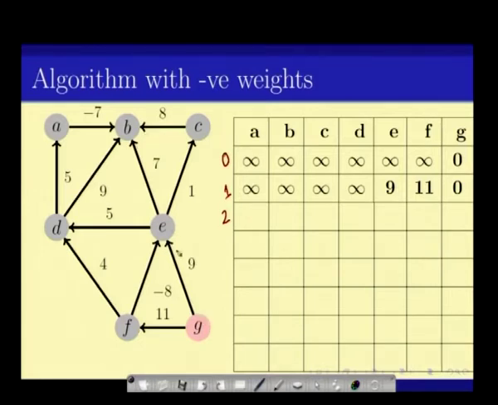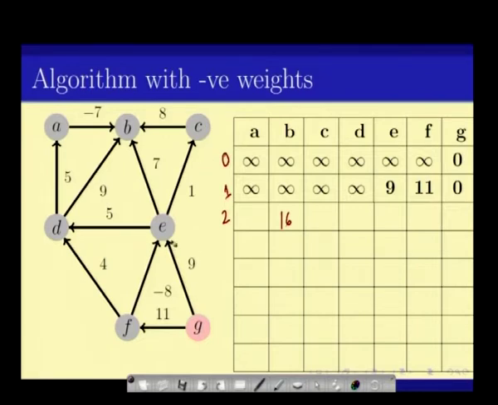But G to E I can go with a length 9, and from E to B I can go with a length 7. So, this will say that now I have a path of length 16 from G to B, and note that this is the best because I can minimize over all possible such paths, so I can write here 16.